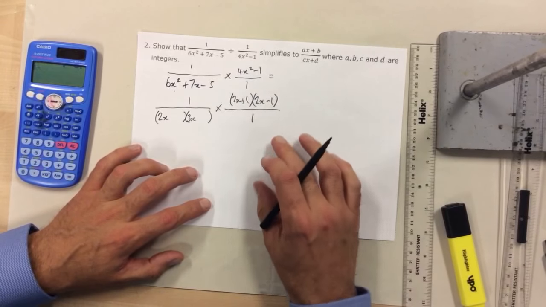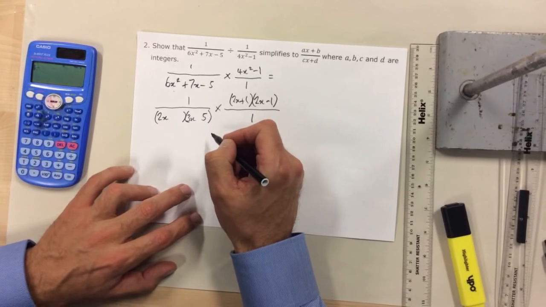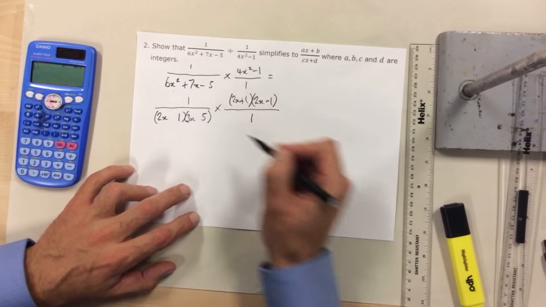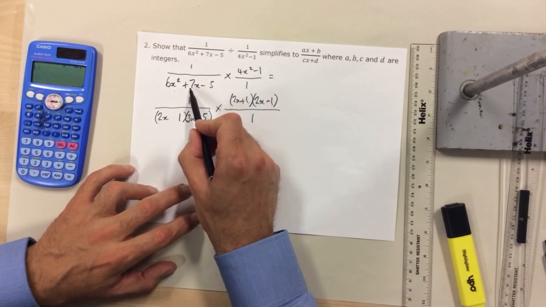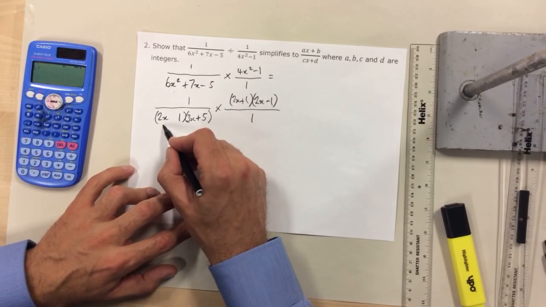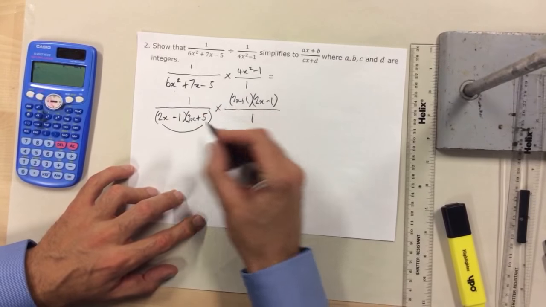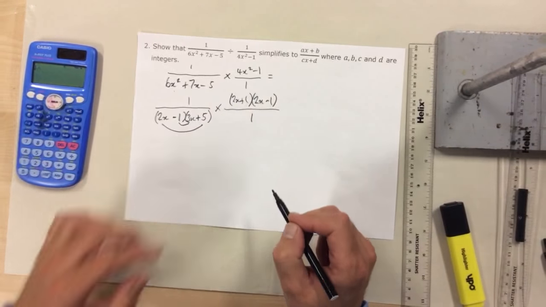Maybe you might have to do a bit of trial and error here, but if I put a 5 there and the 1 in that one, I need to make a positive 7x. If I make the 5 positive, that's going to give me 10x here, and then if I've got a negative there, that's going to give me minus 3x.